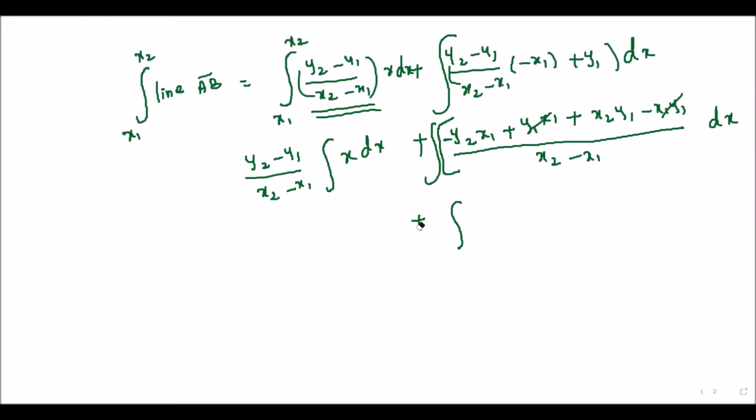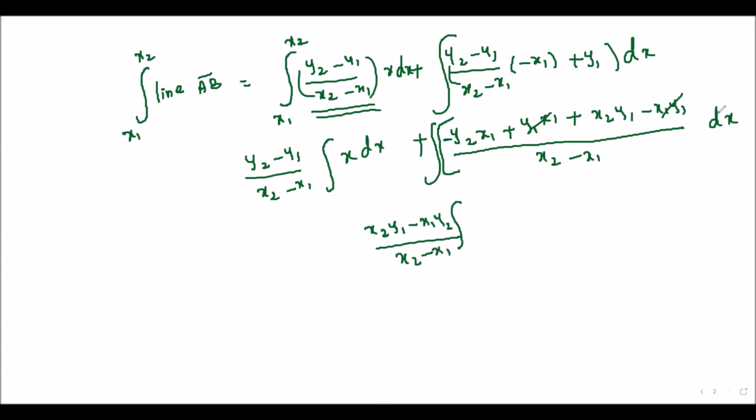Okay. So now the last part, I'm writing it as plus here. The constant term I'm taking outside from this. So x2 y1 minus x1 y2, divided by x2 minus x1.